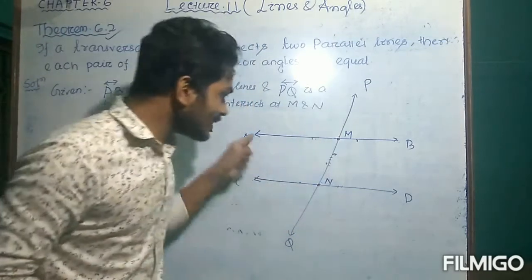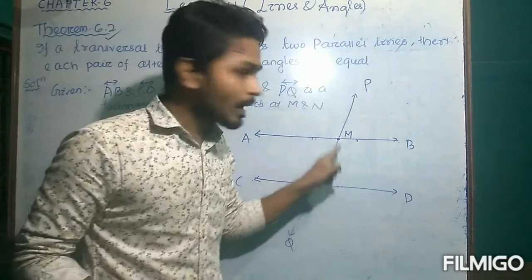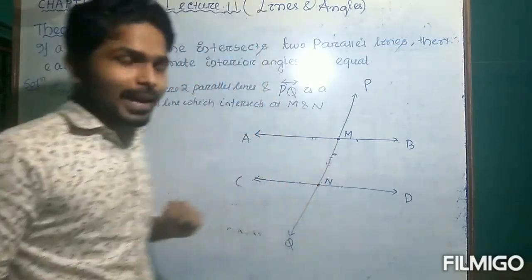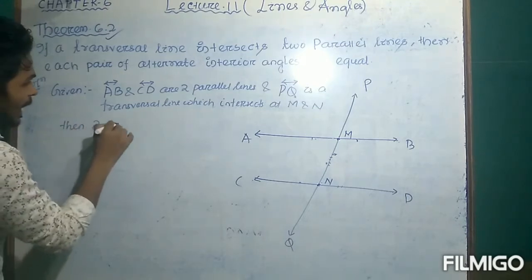Now, whenever this intersects these two parallel lines at M and N, how many pairs of alternate interior angles are formed? Two pairs, right?